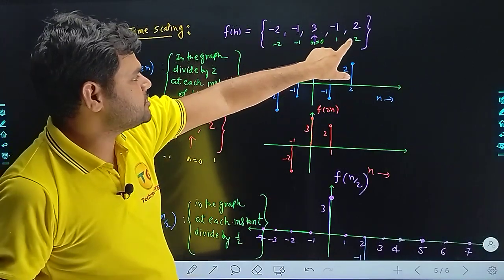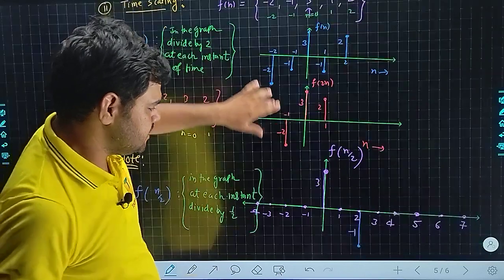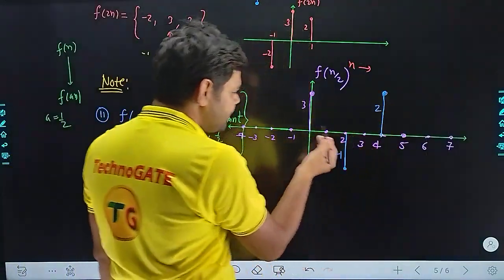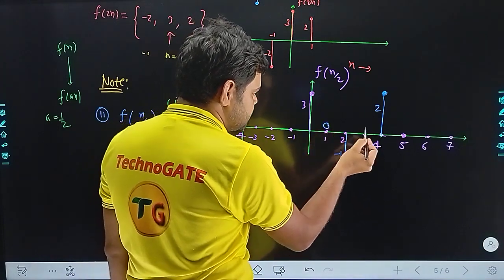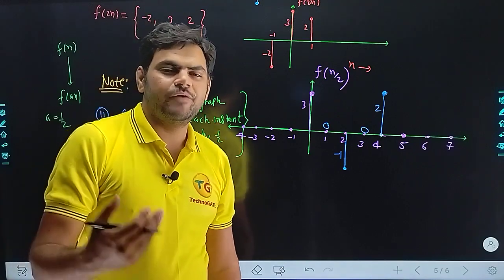And the sample which is having the value 2, which is present at n equal to 2, will reach us at n equal to 4 this time. So what are the values present at 1? You should say 0 here. We can take here 0 or any well-defined sample.